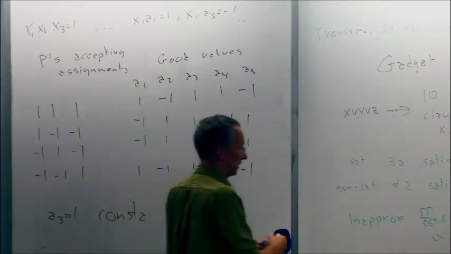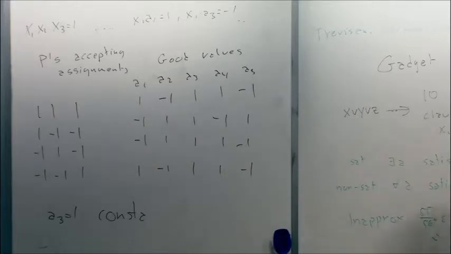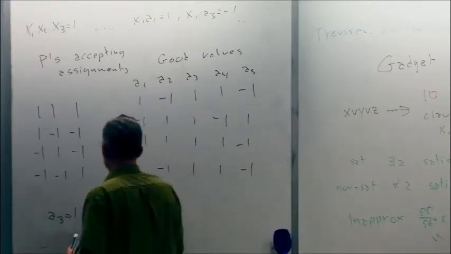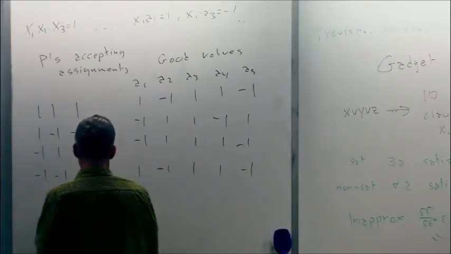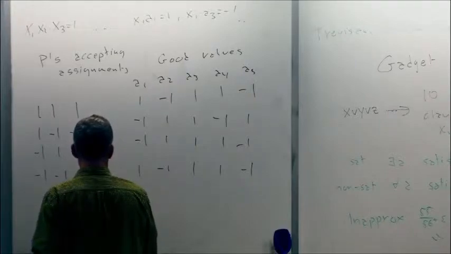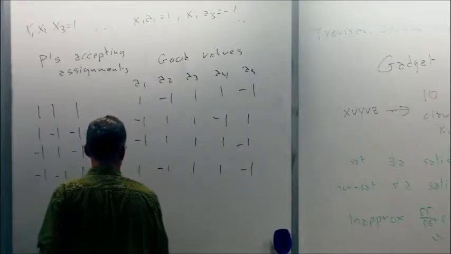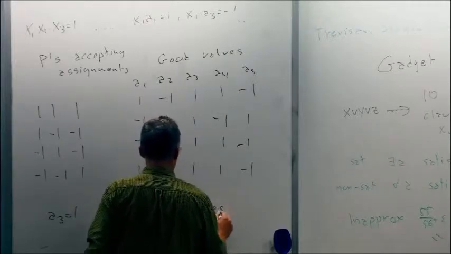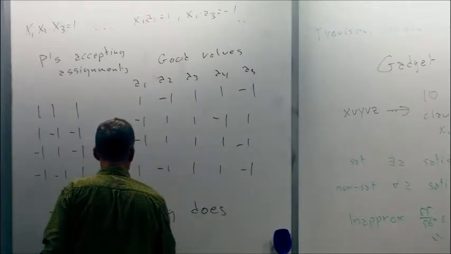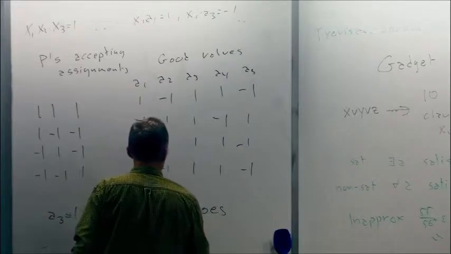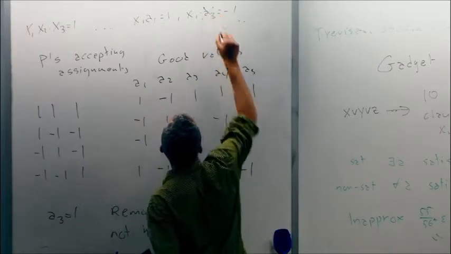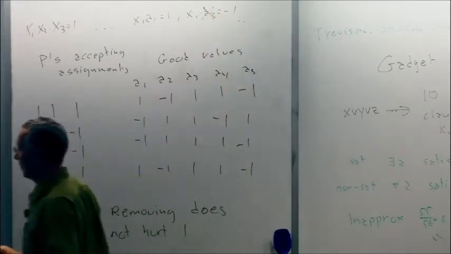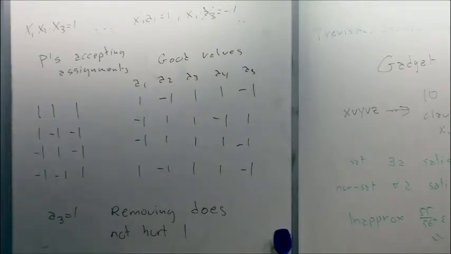A1, A4, A5, and so the point is I could just cross it out there. If you look at the two conditions, this is 1 and this is 2.